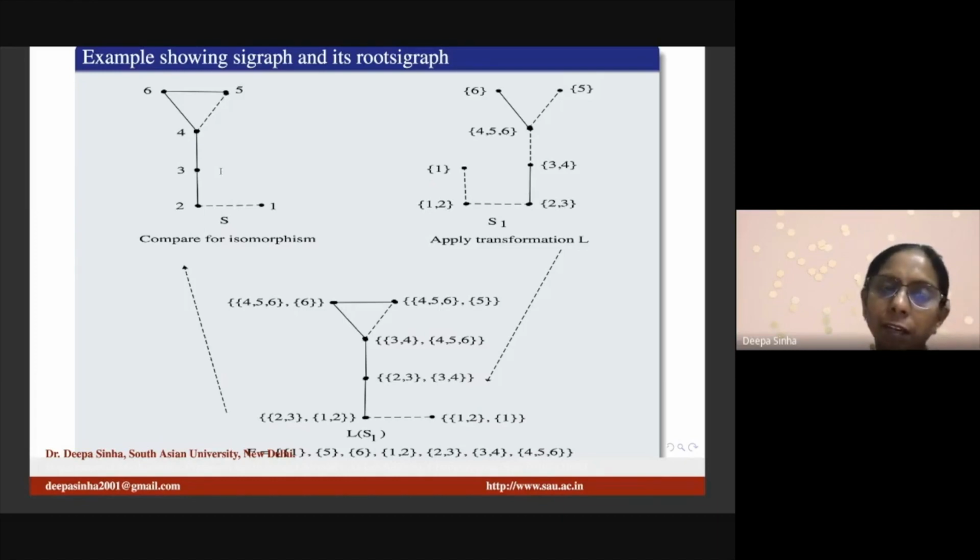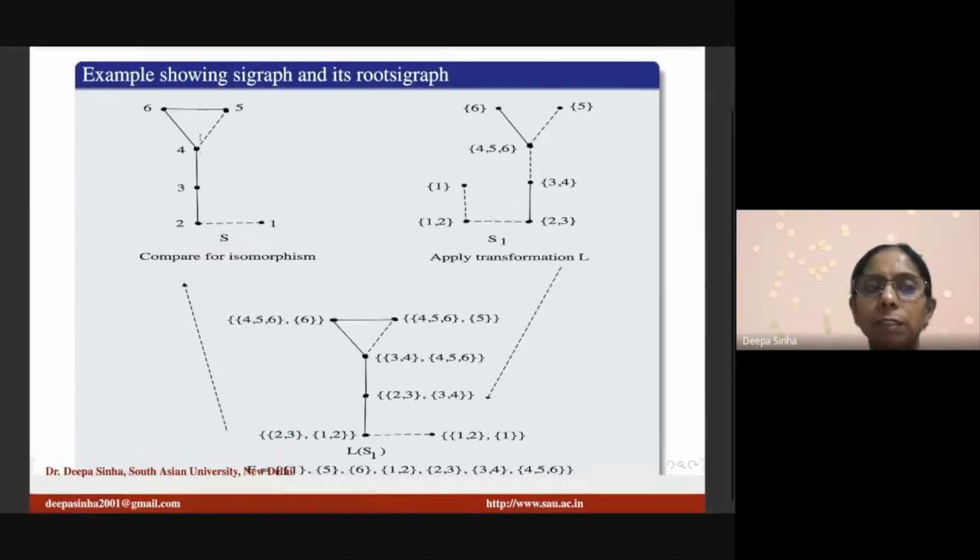When can you say that the underlying graph is a line graph? If you are able to partition the edge set into complete subgraphs such that any two sets have at most one vertex in common. Then this will be a line graph.